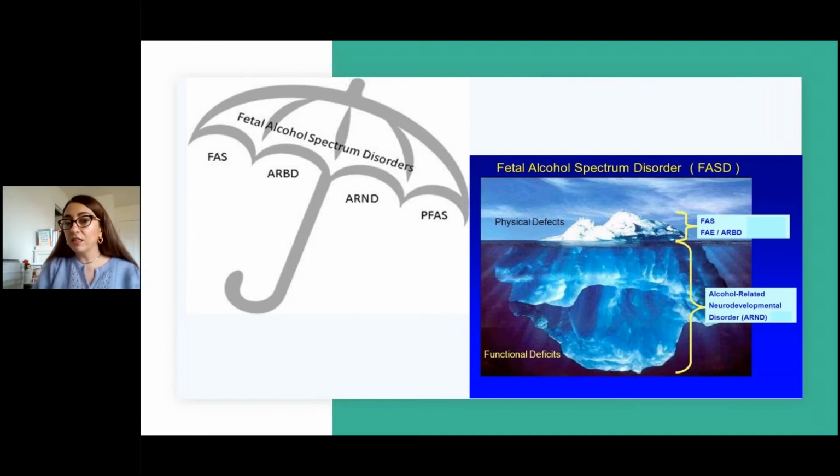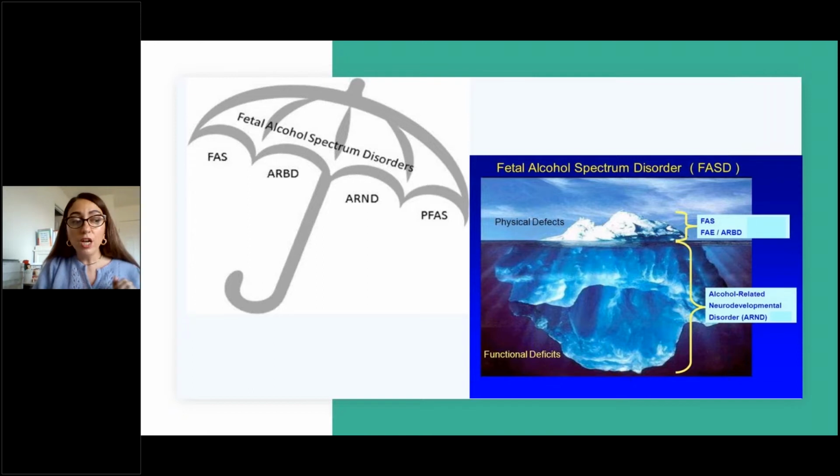And when I say physical impairments, those are the things that we can see and detect in the individual, such as the facial dysmorphology, such as the facial features that we will later talk about. So once those are detected, measured, and evidenced by genetics or by developmental pediatricians who are qualified to measure those facial features, then we can say that the individual has fetal alcohol syndrome, which is the more severe form of FASD.